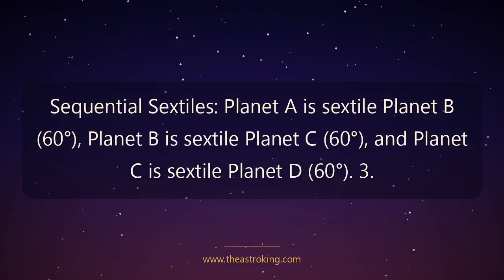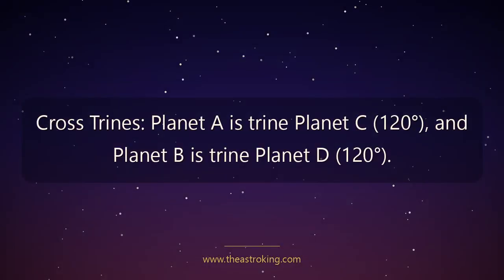Planet A is sextile Planet B, 60 degrees. Planet B is sextile Planet C, 60 degrees. And Planet C is sextile Planet D, 60 degrees. 3. Cross trines. Planet A is trine Planet C, 120 degrees, and Planet B is trine Planet D, 120 degrees.